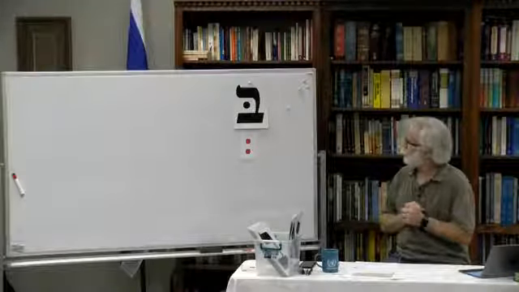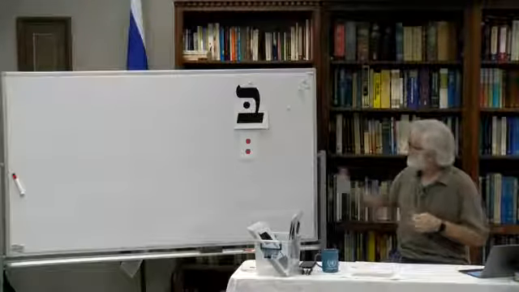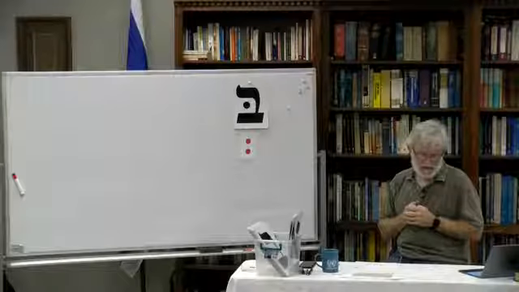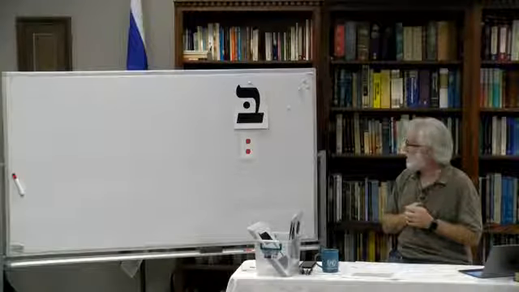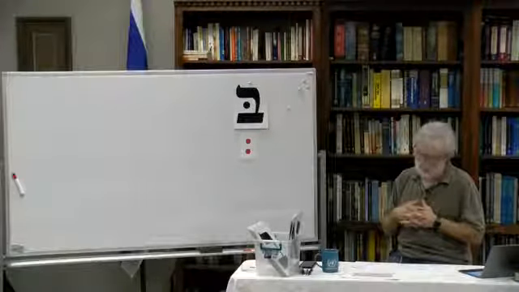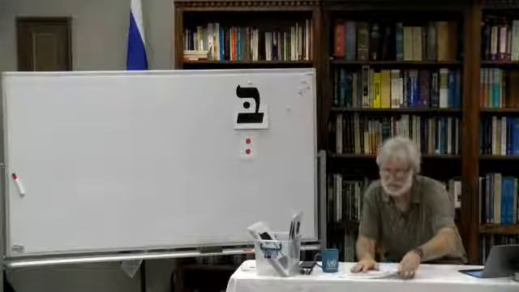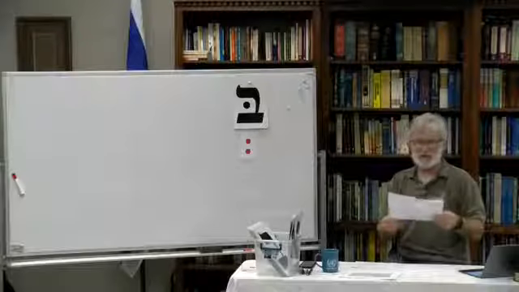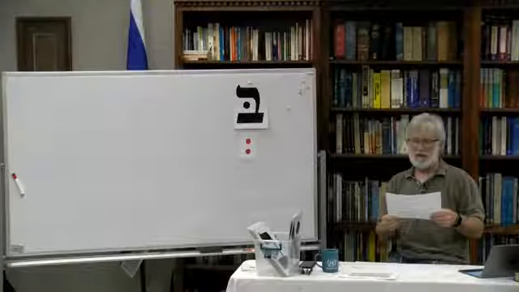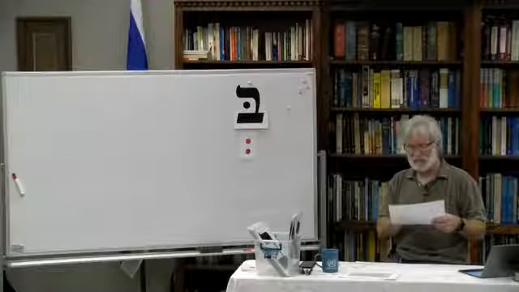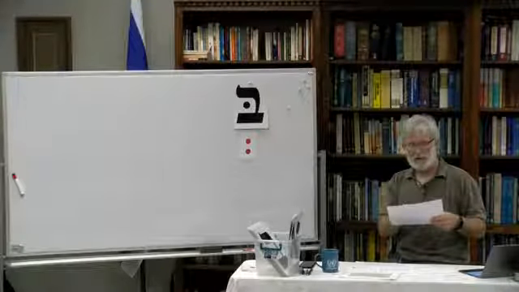Now, put this in your notes, that this Shava can only be under non-guttural letters. Now look at your chart. I'm not going to put these on the board, but I want you to get your Hebrew letter chart out. And if you notice in one of the blue columns, you'll see guttural. So let's look at the guttural letters.